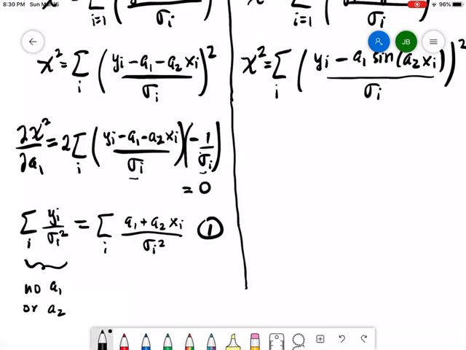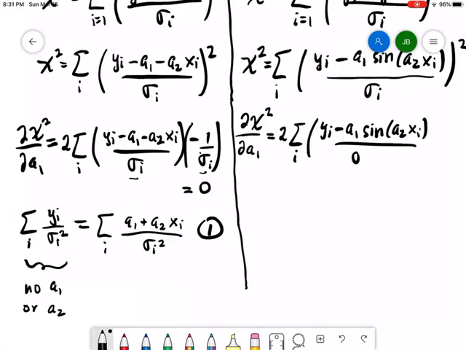And so we're going to calculate the derivative of chi-squared with respect to a1. All right, and so we're going to get the same factor of 2, the sum of yi minus a1 sine a2 xi divided by sigma i.